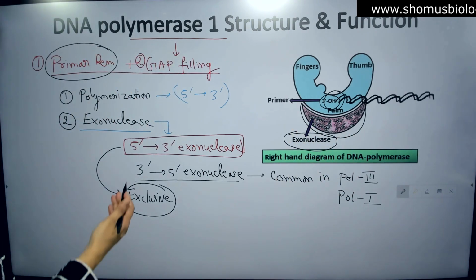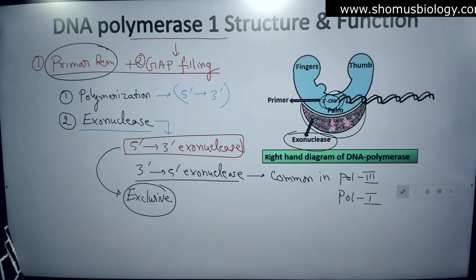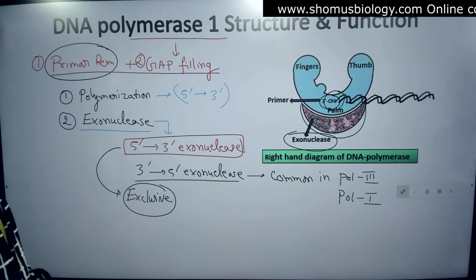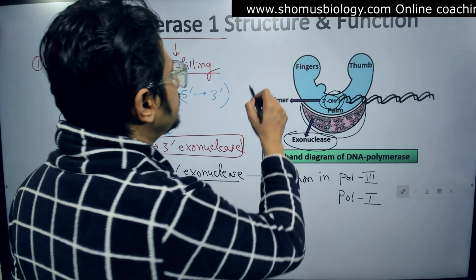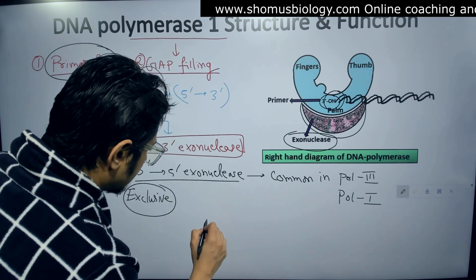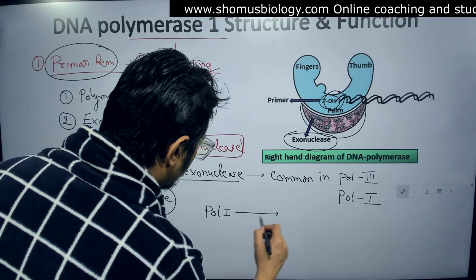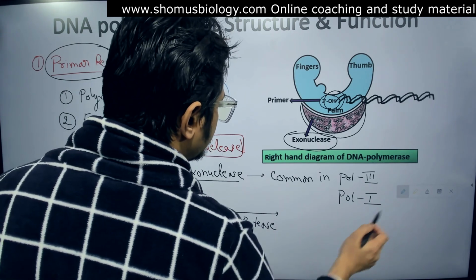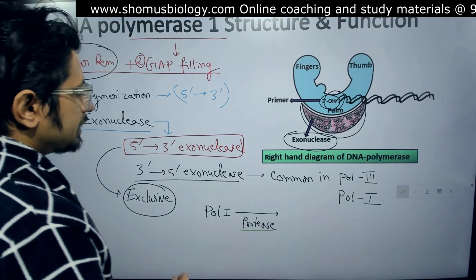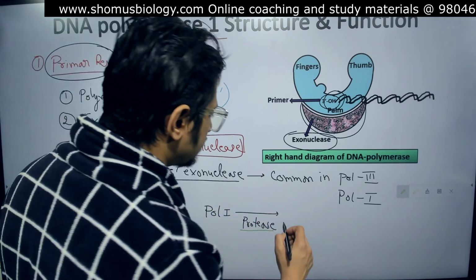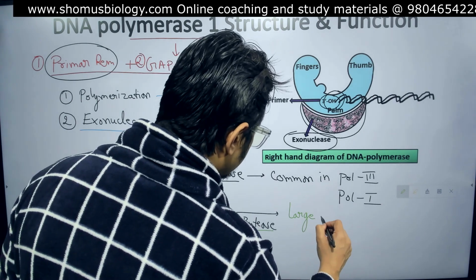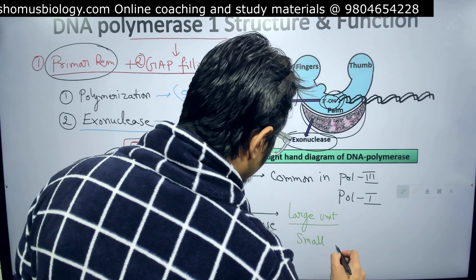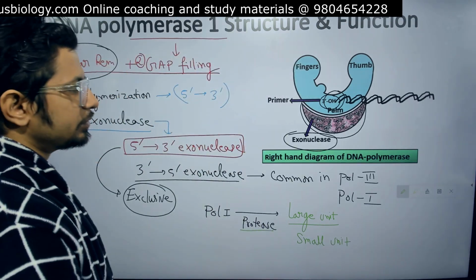And what else? It has this 5' 3' exonuclease activity that makes DNA polymerase 1 a unique enzyme. Now, if we treat this polymerase 1 enzyme with protease enzyme, then the protease is going to split polymerase 1 into two parts, one large unit and one small unit.